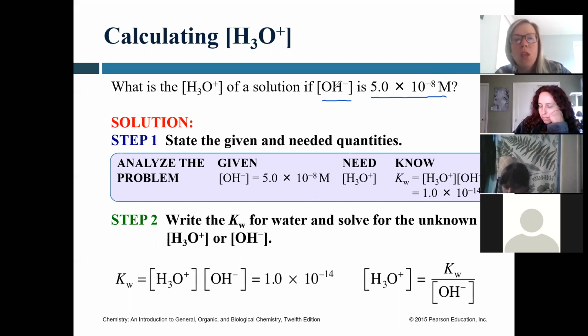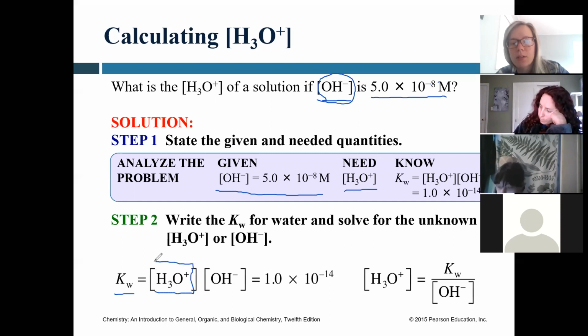Okay, so we're given OH. We want to find H3O plus. I know that I'm going to use the Kw constant because that's the only way to hop between those two. So here's my Kw equation. Kw equals H3O plus and the OH minus to give me 1.0 times 10 to the negative 14. Now I want to rearrange this equation because I want to get H3O plus by itself, right?